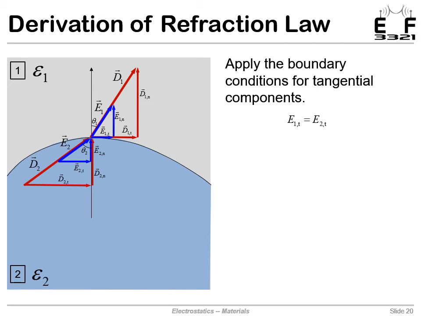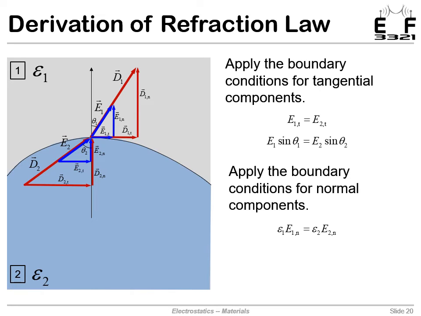Now that we have expressions for our tangential and normal components, let's apply the boundary conditions. We know that the tangential component of the electric field E is continuous across the interface, so the tangential components must be equal. So we can conclude that E1 times sine theta 1 has to equal E2 times sine theta 2. We also have the normal components.